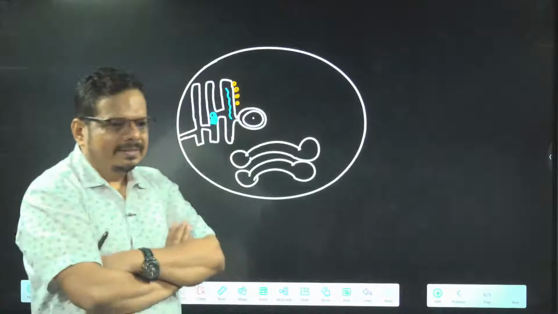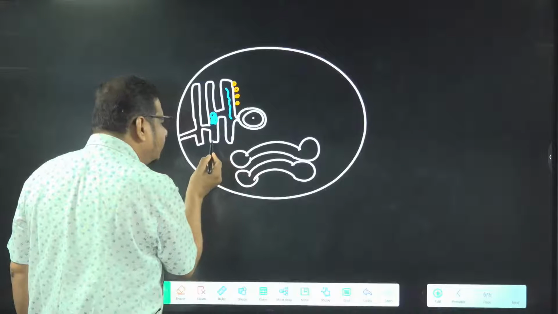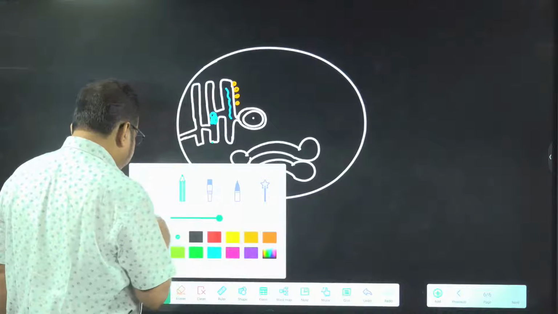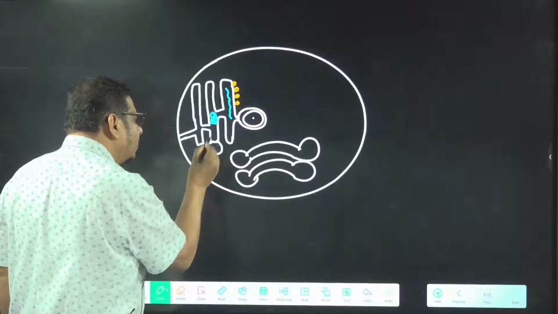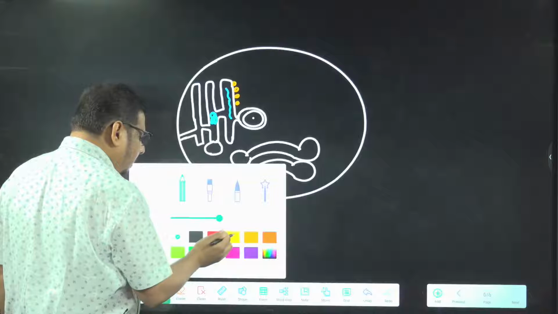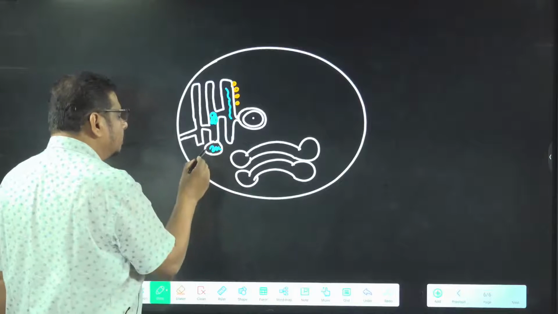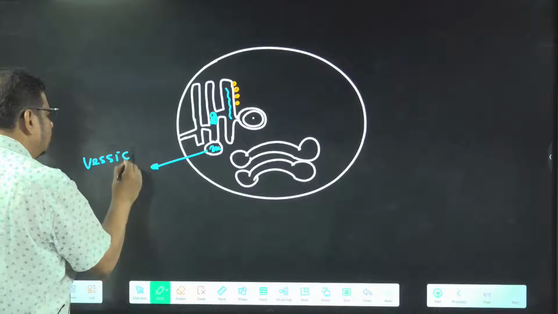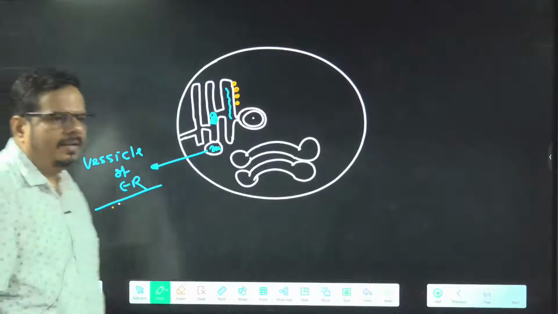Clear? Now the membrane is going to pinch off, evaginate, and keep the enfolded protein. So this is called a vesicle of ER.